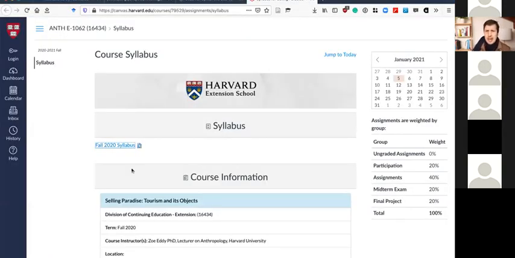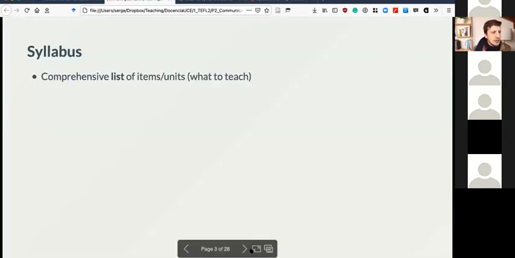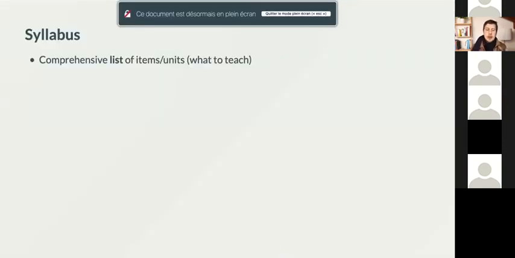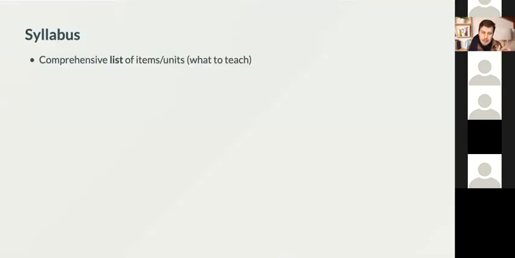Of course, it's a little bit different when you're talking about other types of courses, especially language classes in secondary school. The type of syllabus that I just showed you is the type of syllabus used in most universities in the world. But in a secondary school, it's slightly different.